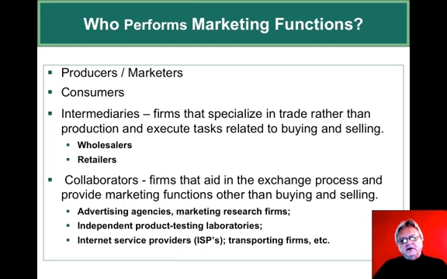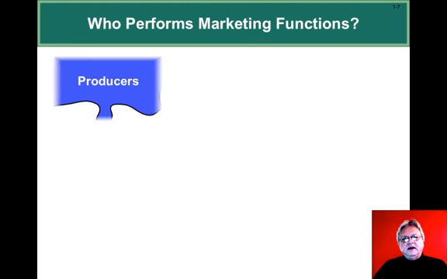Here we're talking about such firms as advertising agencies, marketing research firms, independent product testing laboratories. We could be talking about internet service providers, transportation firms, and so forth. So those four categories of firms are basically the firms that comprise those involved in the marketing functions.